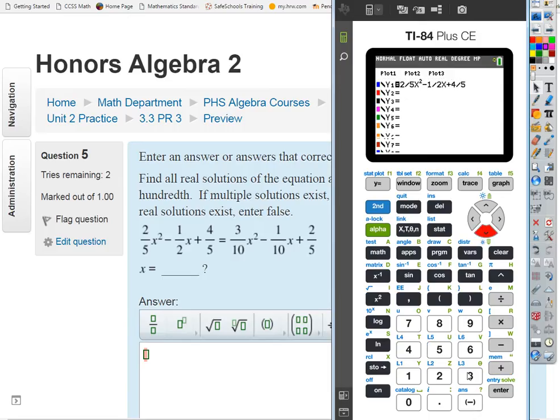Then we get 3/10 x squared minus 1/10 x, which is the same thing as x divided by 10, plus 2/5. Let's just start off by going zoom 6 and see if we can see the intersections.